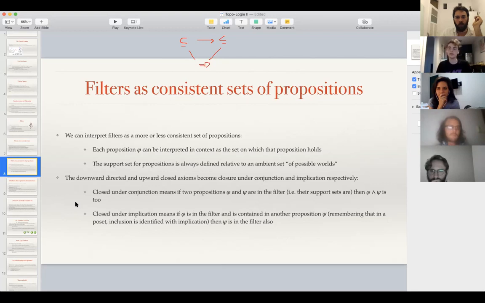So you can walk around between discussing coverages on a topology, discussing ordering in a poset, and discussing conjunction and implication between propositions. You're using the same machinery for all of that.